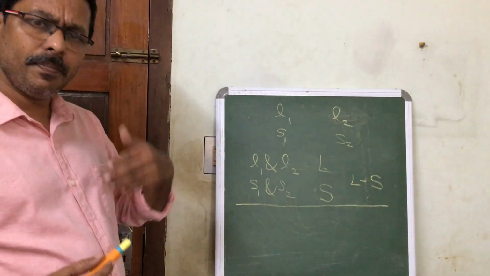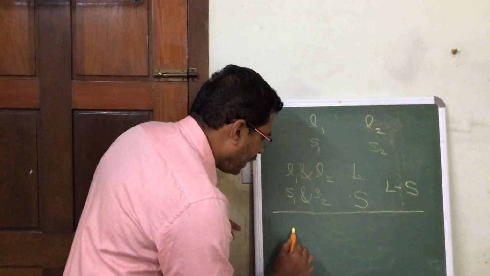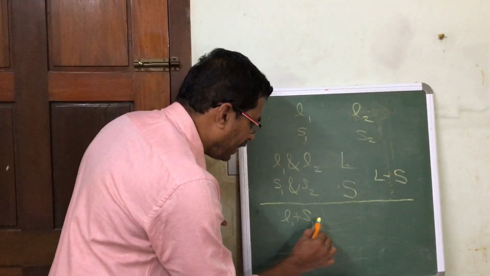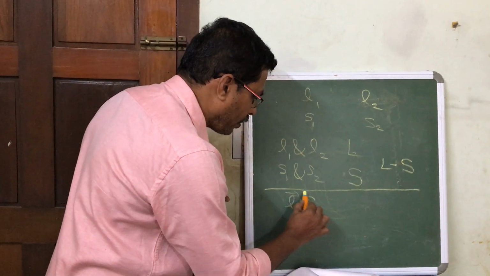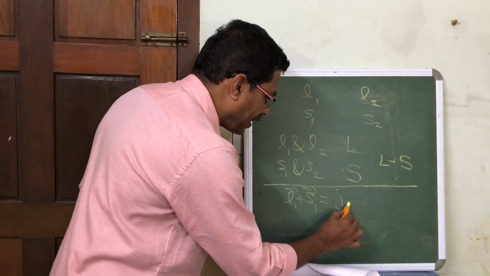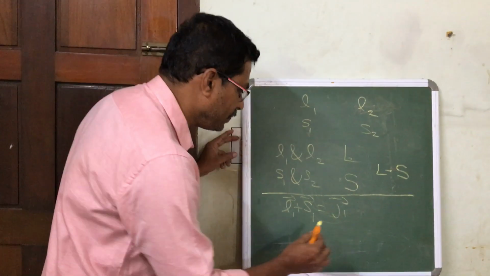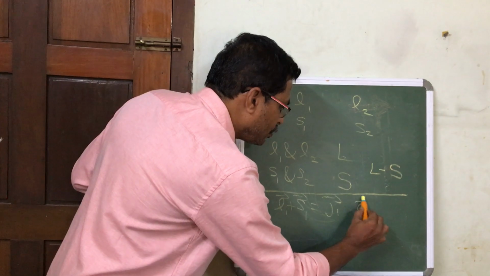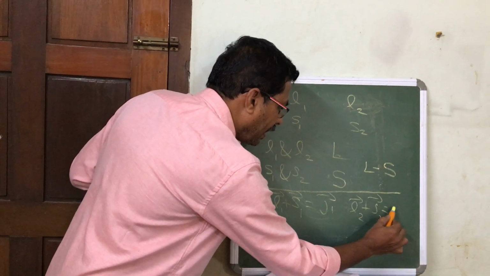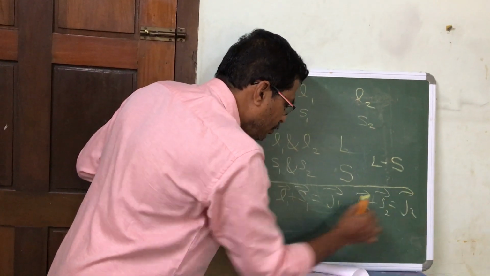And you have another method. This L1 and S1 can combine vectorially to give a corresponding J1 value, and your L2 and S2 can give J2 values.